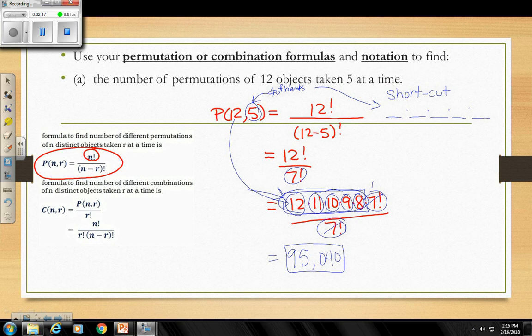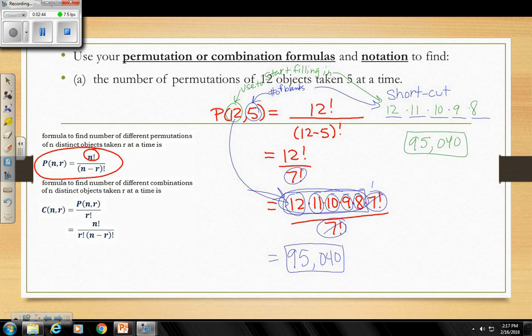And I begin filling those in with 12: 12, 11, 10, 9, 8. Every time you'll get the same answer of 95,040 when you use your shortcut.